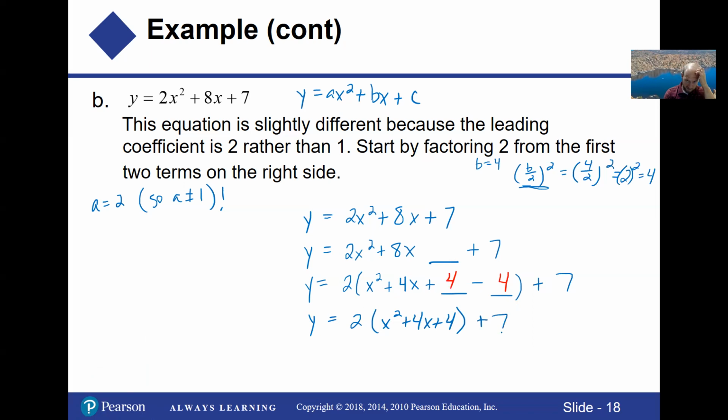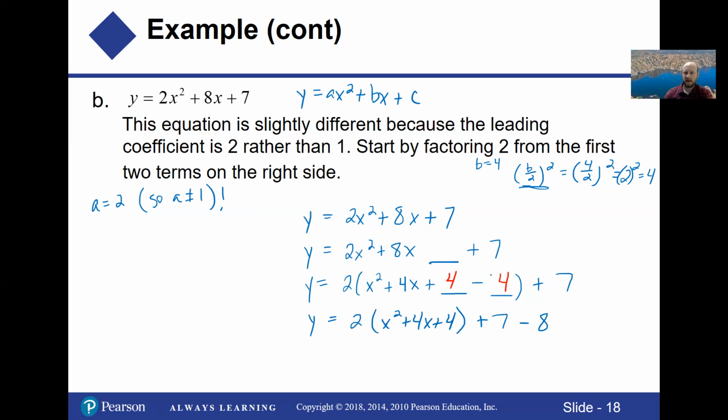But I still have the plus 7 on the outside. What happens when I distribute this 2? I have the 2 times the 4 still, but 2 times negative 4 goes on the outside as a negative 8. Just notice this really important step. When we do completing the square with a not equal to 1, we factor out the first 2 terms, put that on the outside, and then I have my b over 2 squared term on the inside of the parentheses.